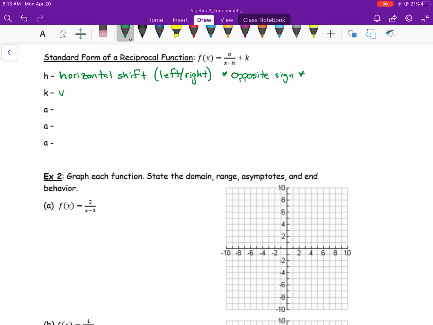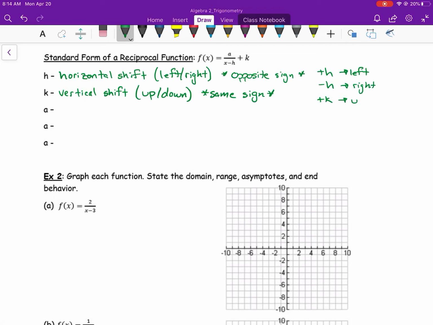And then our k is our vertical shift, up or down, and this would always be the same. So if we have a positive h, we're going left. Negative h, going right. Positive k, we go up. Negative k, we go down.